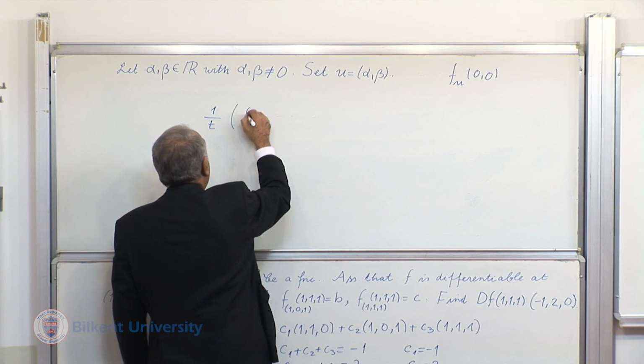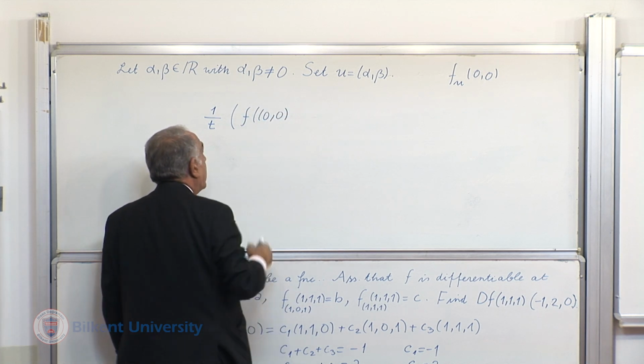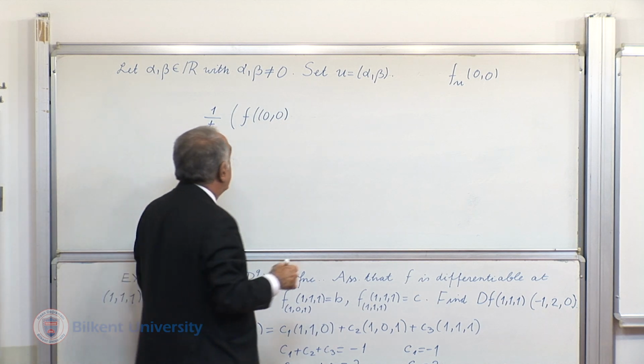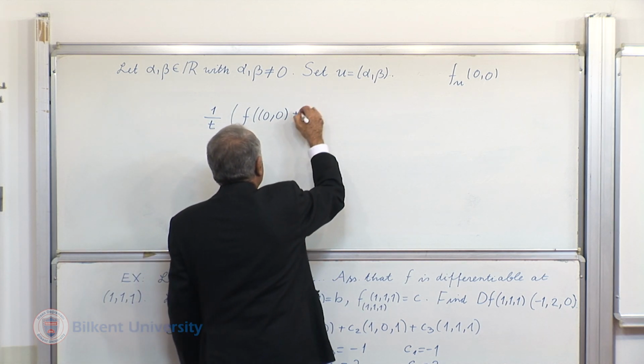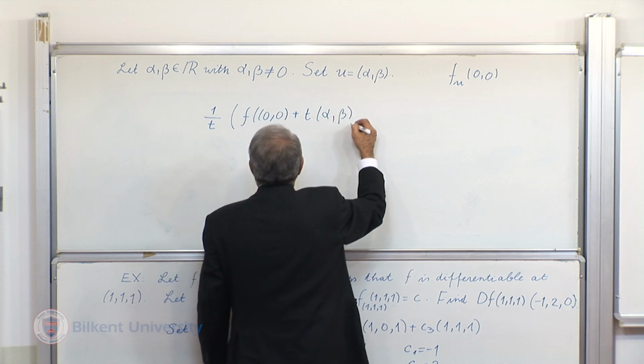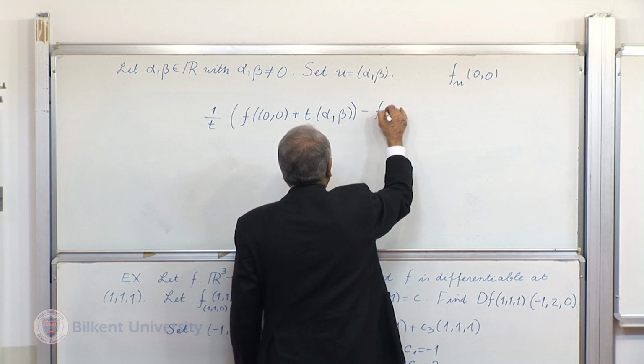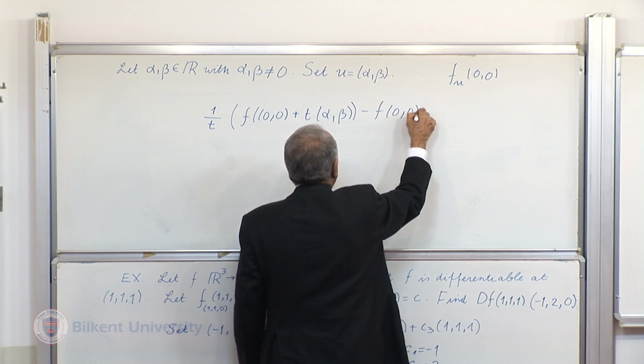Now we'll have f of the point at which we consider the directional derivative, 0, 0 plus t alpha, beta, and this minus f of 0, 0.